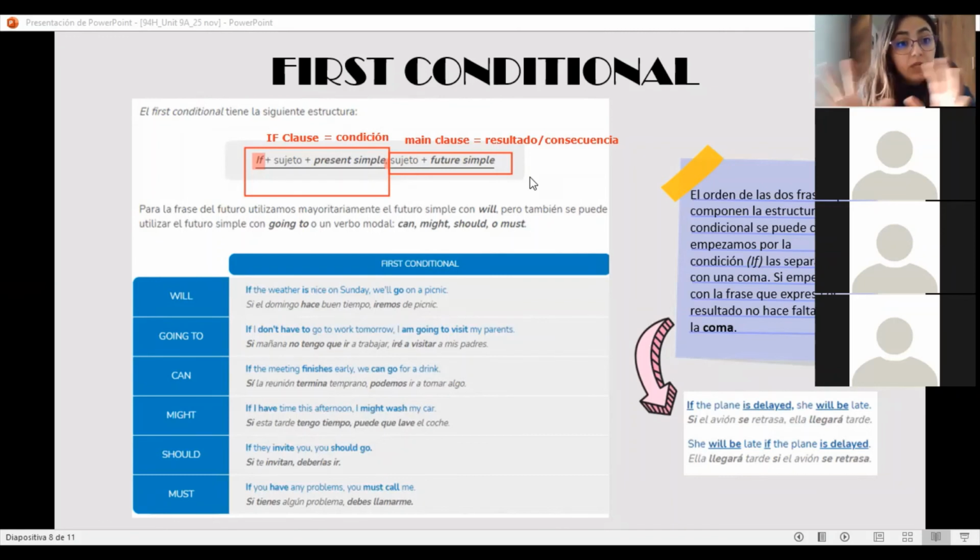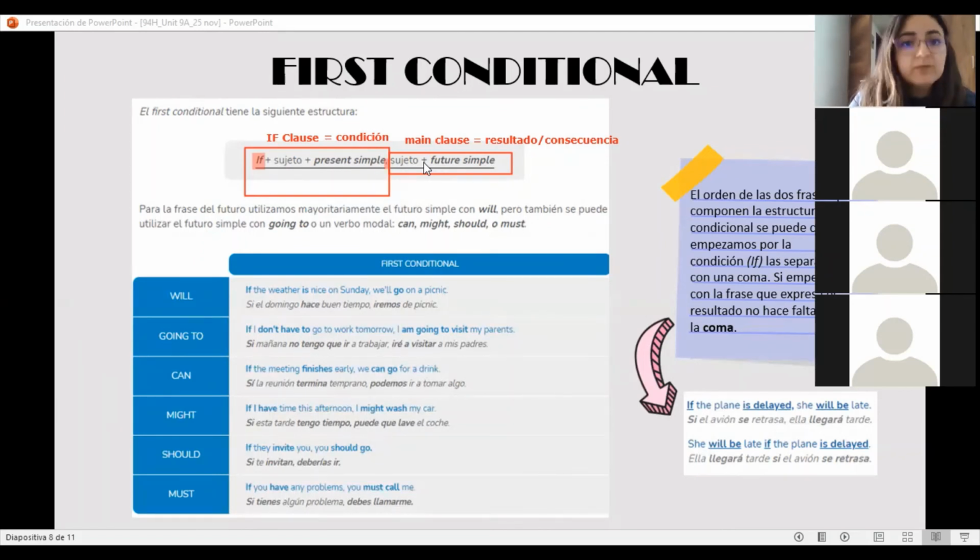El siguiente verbo, la siguiente parte de la oración, vamos a ocupar el sujeto y el tiempo futuro. ¿Cuál es el tiempo futuro que ustedes recuerdan que vieron? How do you make the future, guys? ¿Cómo construyen el futuro? What auxiliary do you use?